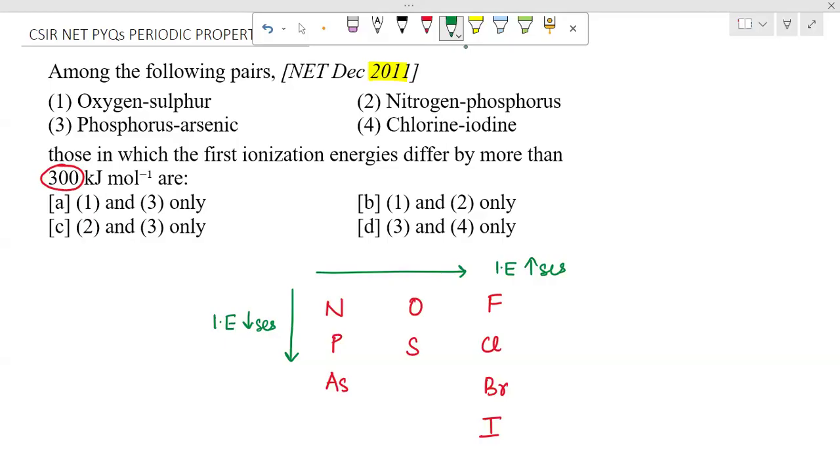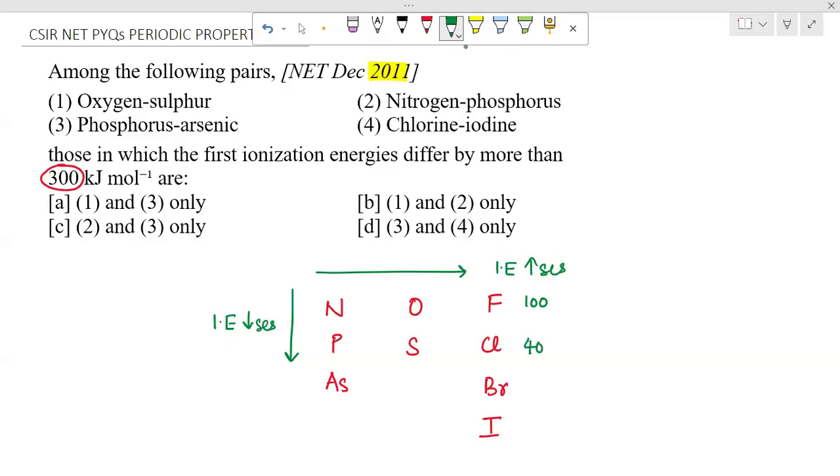For example, fluorine, chlorine, bromine, iodine. I'm just taking arbitrary values so that you can understand. Fluorine might be 100 units of ionization energy. For chlorine, let's say it dropped significantly, probably to 40.